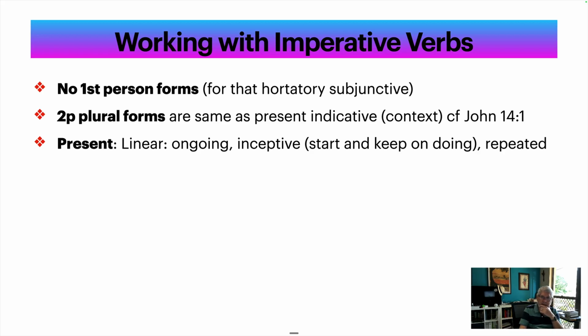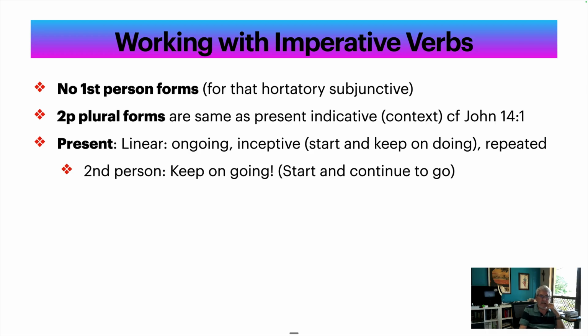I think an example might be that section in the Sermon on the Mount, ask, seek, and knock. It's really keep on asking, keep on seeking, keep on knocking. So the second person form of the imperative present is keep on going. Start this and continue with it. Don't just do it the once.